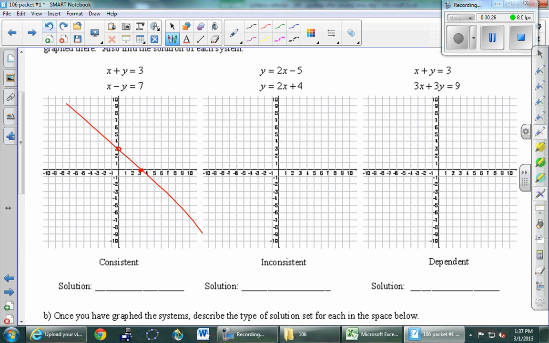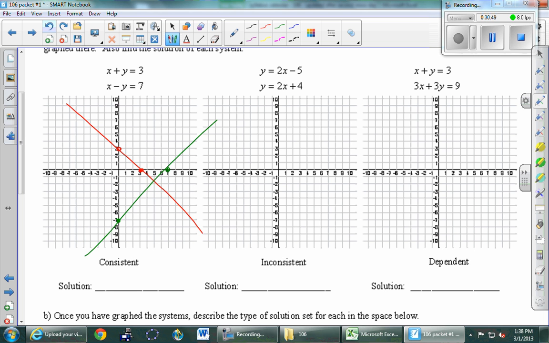And we're going to just draw these quick because all we're after is how the lines interact with each other. Okay, in the next one, if x is 0, how much is y? It's -7. If y is 0, how much is x? It's +7. So I'm going to draw the 2 points. X was +7, y was -7. So those are my 2 points.